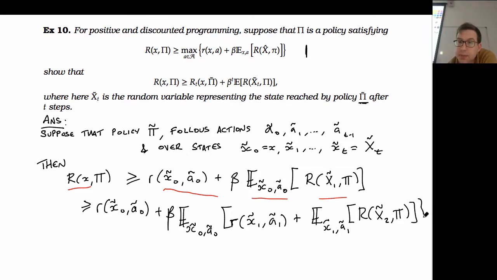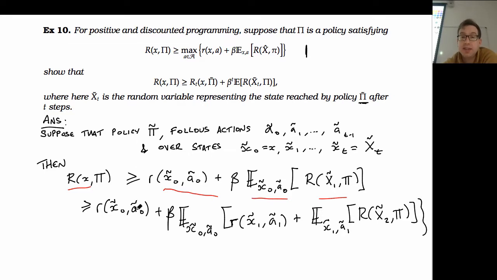So this is sort of going, I follow policy pi all the time. This is saying I take one action according to policy pi tilde, and then the rest of the time I follow policy pi. It's saying that's worse.